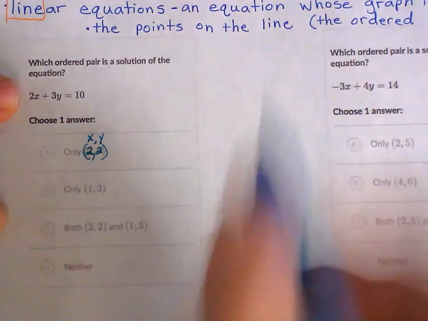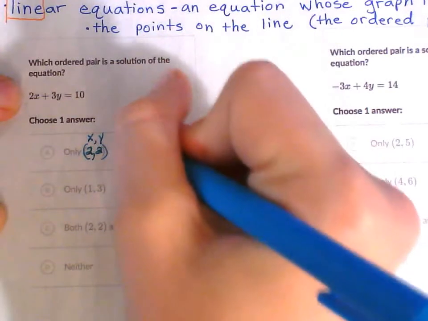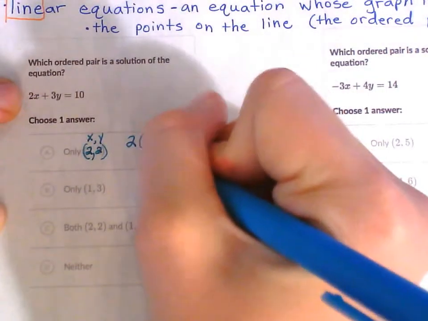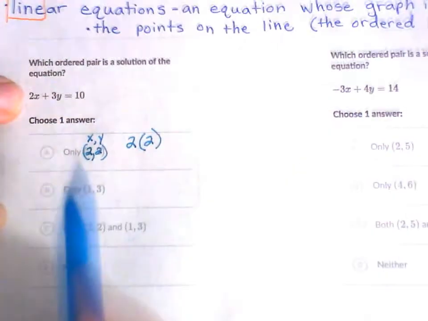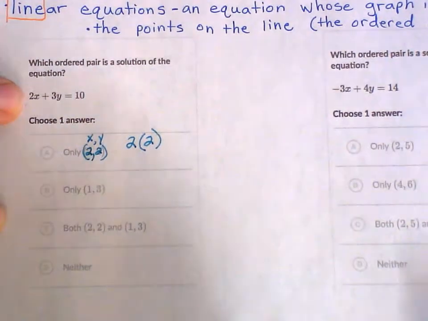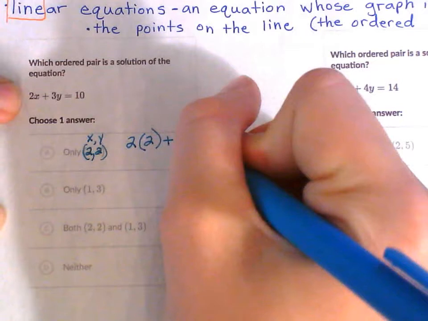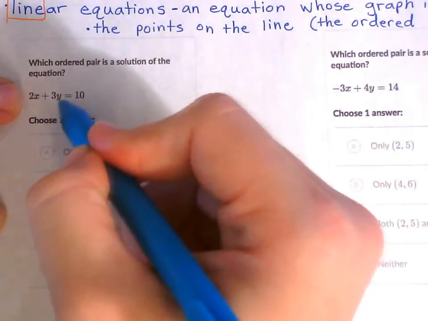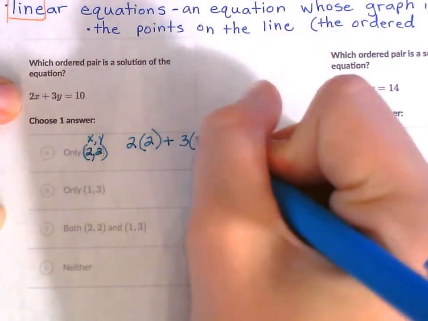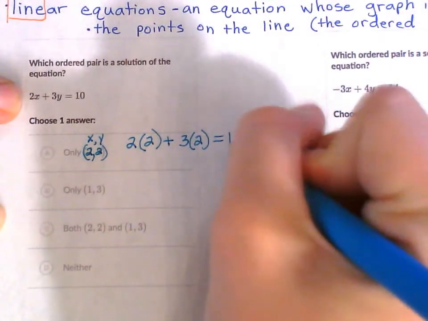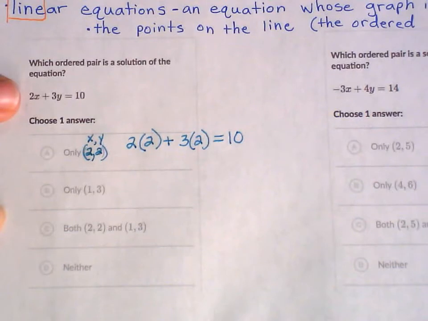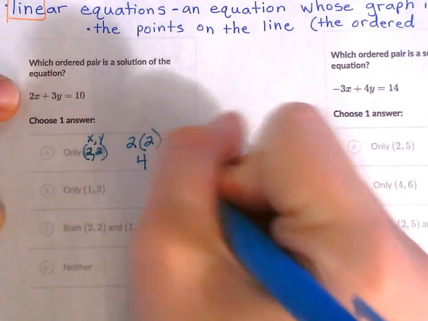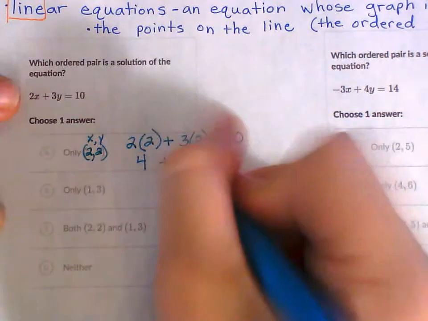So we plug in 2 for x: 2 times 2, plus 3 times y. They're saying y is also 2. Equals 10. Let's see if that's true. 2 times 2 is 4, plus 3 times 2 is 6.